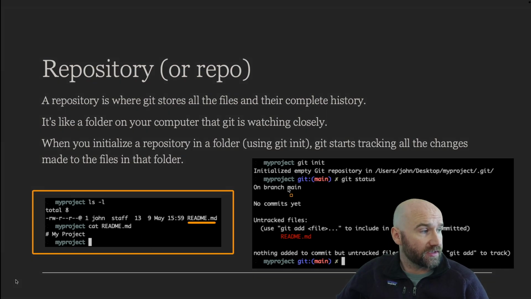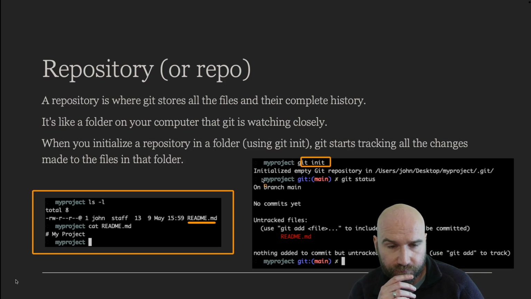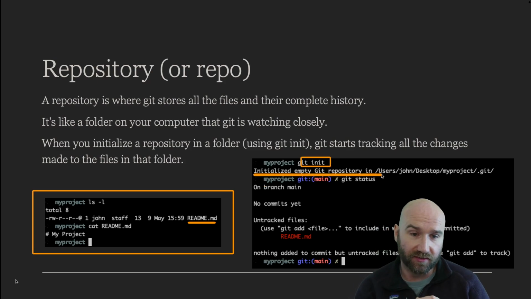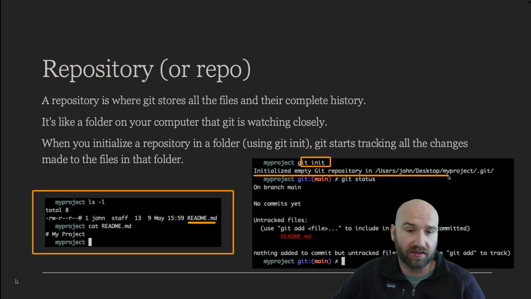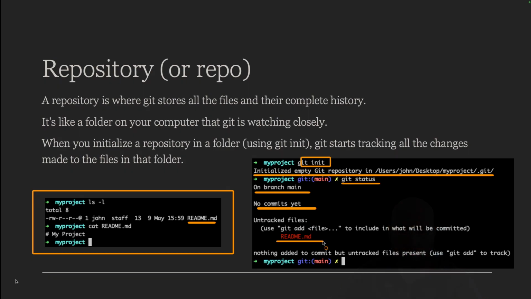And if I run git init in it here, you can see I get some logging to say I've initialized an empty Git repository in here, and I can run git status. Now it says you're on the main branch, you have no commits, but I have this file that I'm not tracking. It says nothing added to commit, but untracked files are present. Use git add to track them.